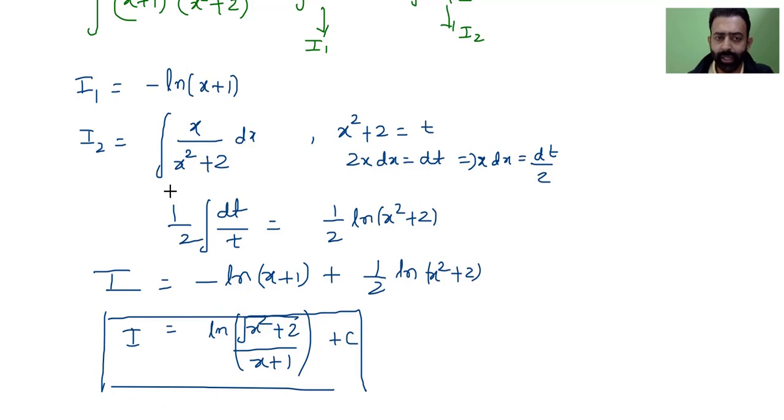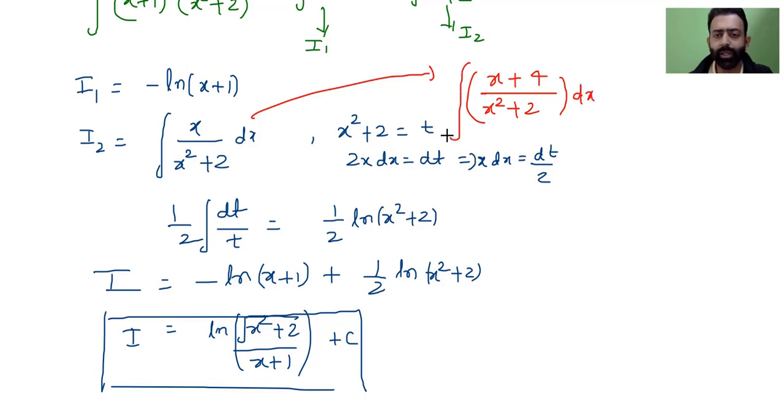Now, in this I2, let us consider, had it been x plus 4 over x square plus 2. So what will you do in this case? Okay, if you have to integrate this, let me take another page for this. So if you have this x plus 4 over x square plus 2 dx, what you will do is you will separate the numerator with the same denominator.